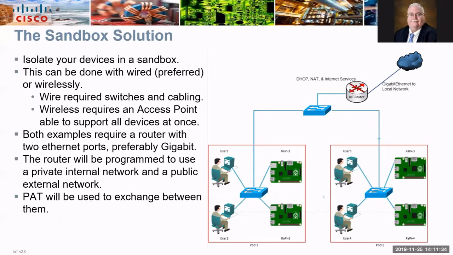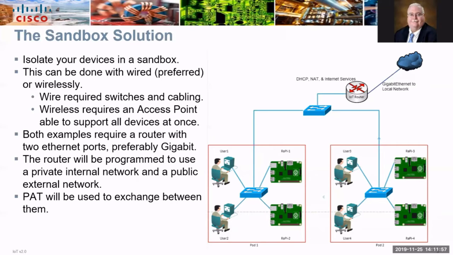This can be done with wired connections, my preferred connection, or wirelessly. Wired connections require switches and cabling to set it up, while wireless requires an access point able to support all devices at once. Both examples require a router with 2 Ethernet ports, preferably gigabit ports.